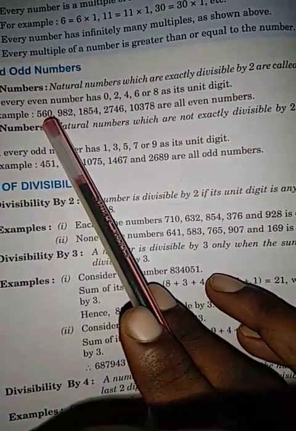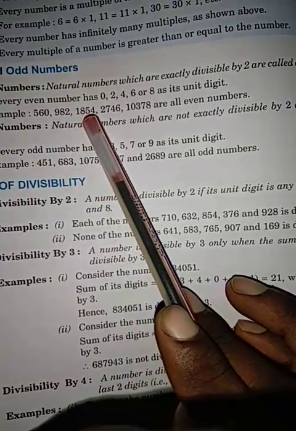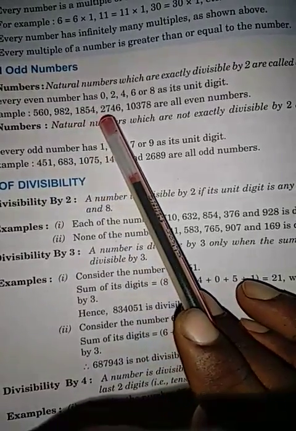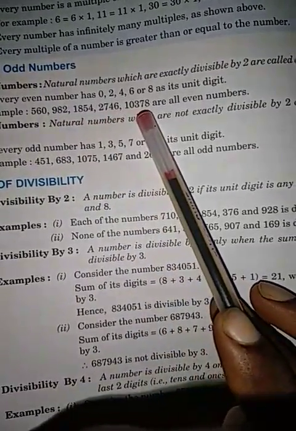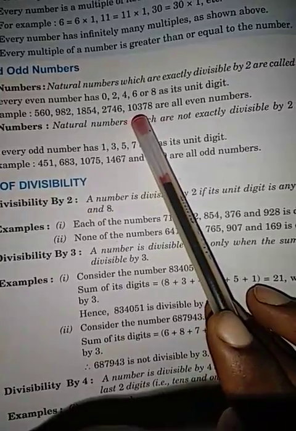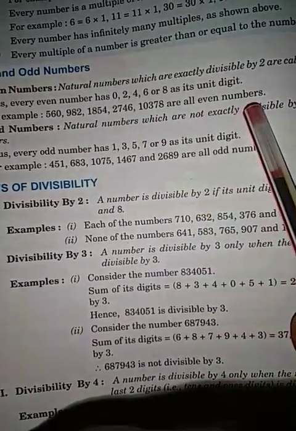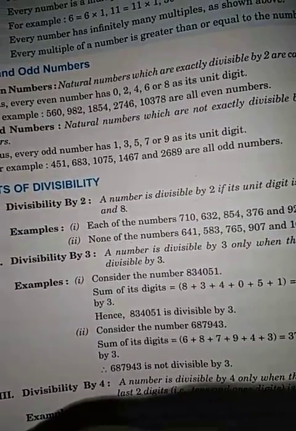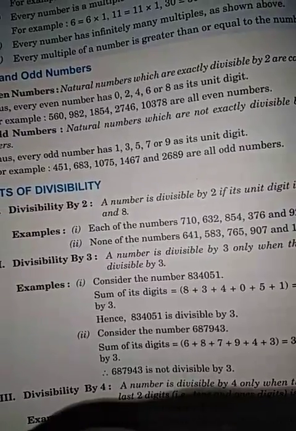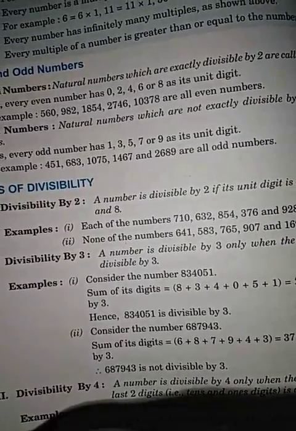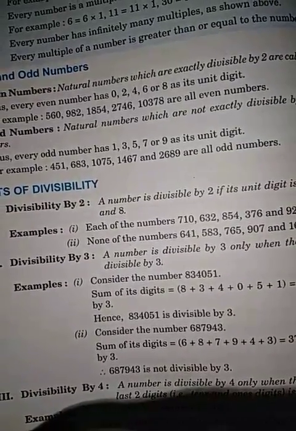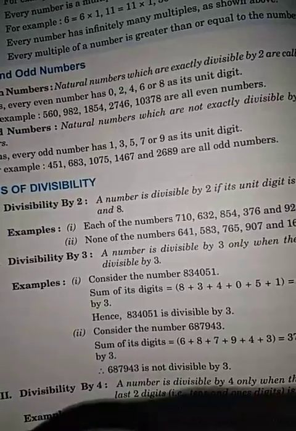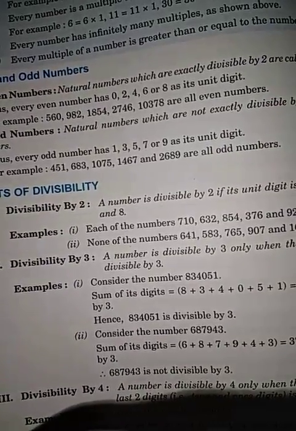So 560, 982, 150, 1854, 2746, 10780, 10378, all these are even numbers. The numbers which contain either 0, 2, 4, 6 or 8 in the unit place are divisible by 2. So these are all even numbers.